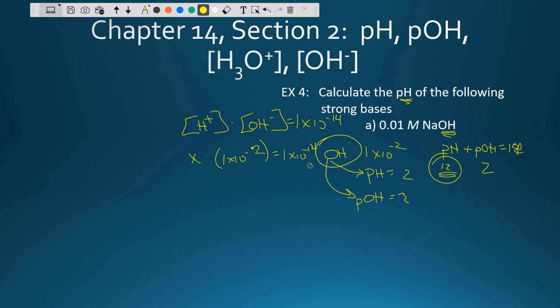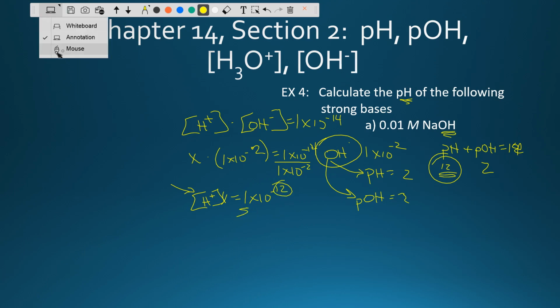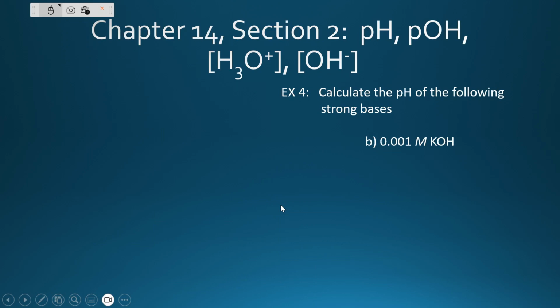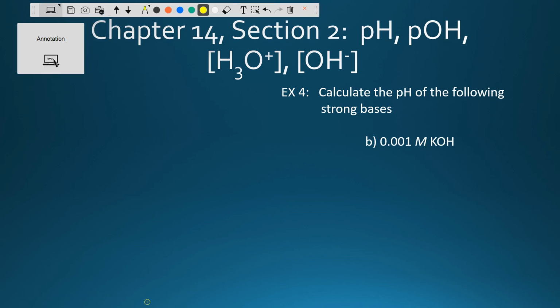If I divide both sides by 1 times 10 to the negative 2, X will equal 1 times 10 to the negative 12. That would describe my hydrogen concentration, or hydronium. So now I can find my pH from this, and since it's exactly 1, my pH would be 12. So you can do this either way. It doesn't matter which direction you go with it. Just watch out for those things. Most people end up going the just adding route of this.